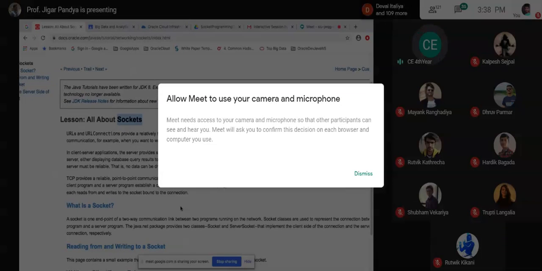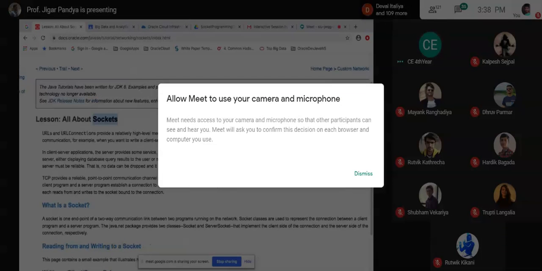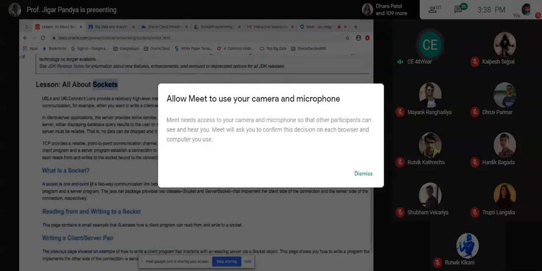Anyways, so URLs or URL connections provide a relatively high-level mechanism for accessing resources on the internet, right? Sometimes your programs require lower-level network communication, and that's when you want to do a client-server application, right? So that's what a socket is, as I just mentioned. What is a socket? It's one endpoint of a two-way communication link between two programs running on the network, right?